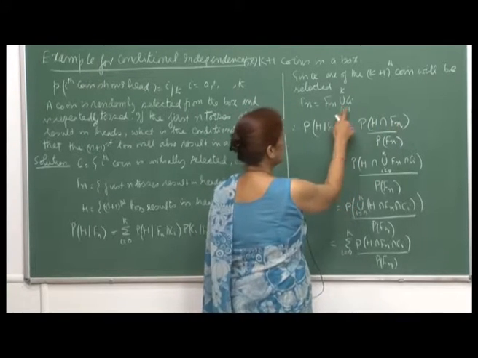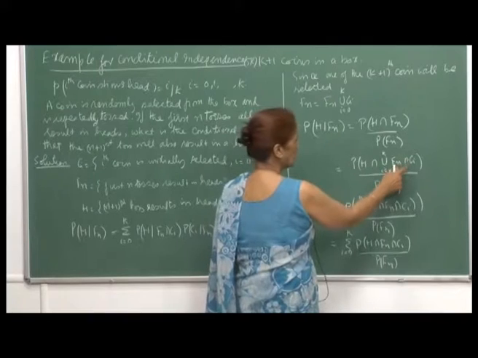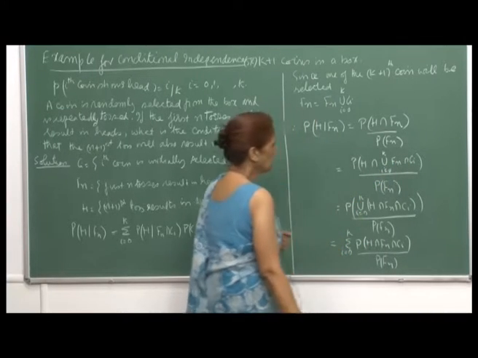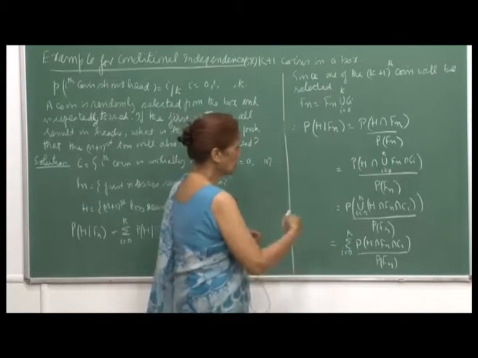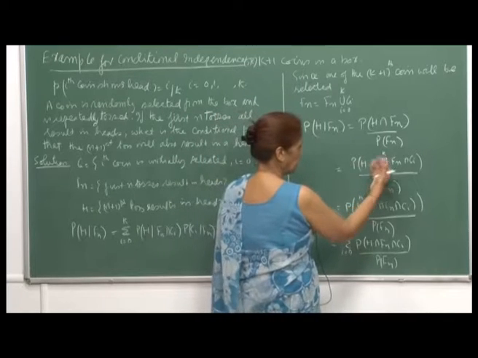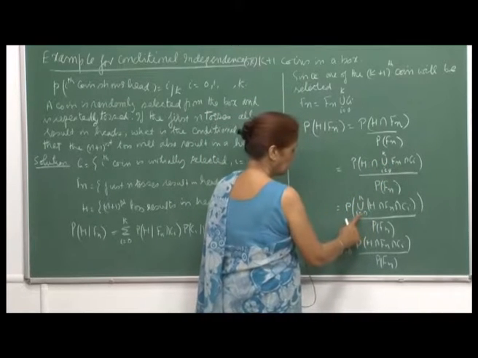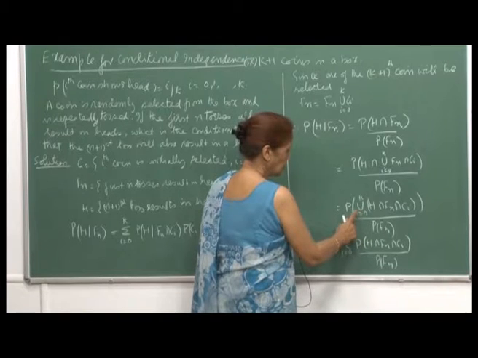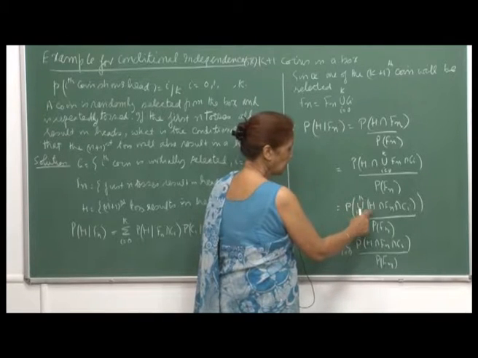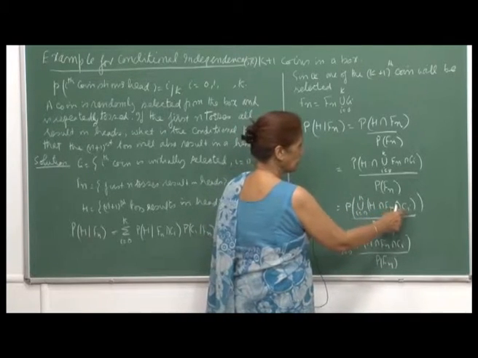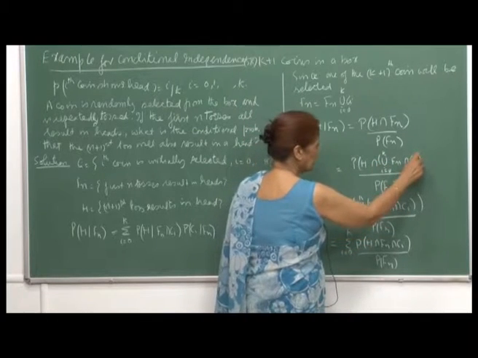Then, from F n I can write this expression as the union of F n intersection C i. And again, by the distributive property of intersection and union, this can be written as the probability of the union over i from 0 to k of H intersection F n intersection C i.